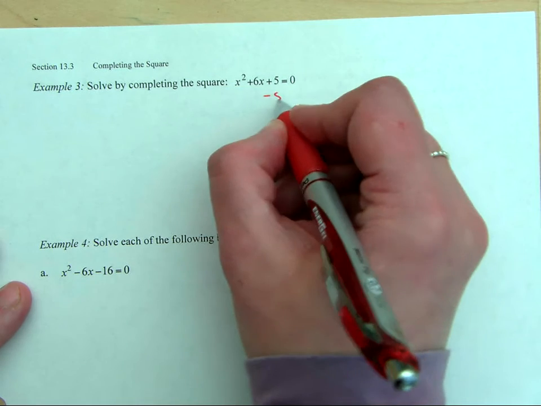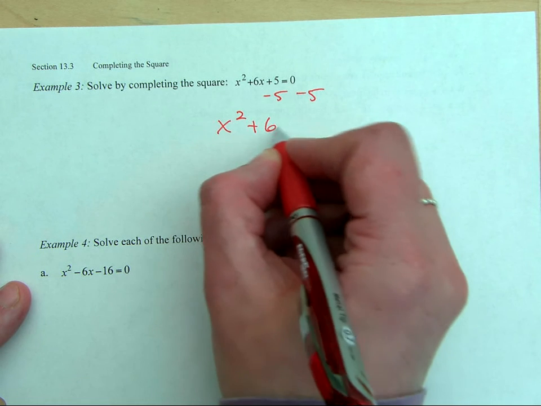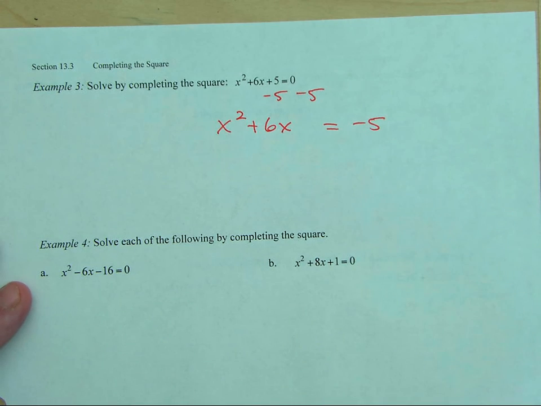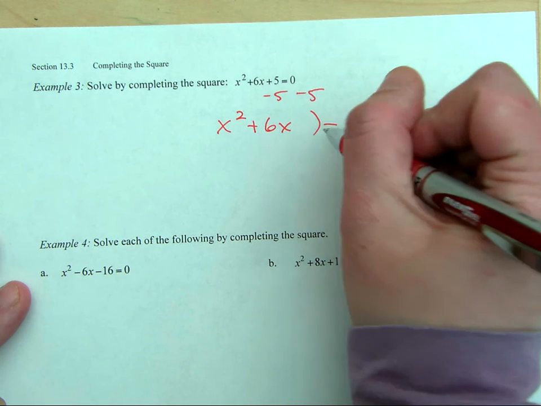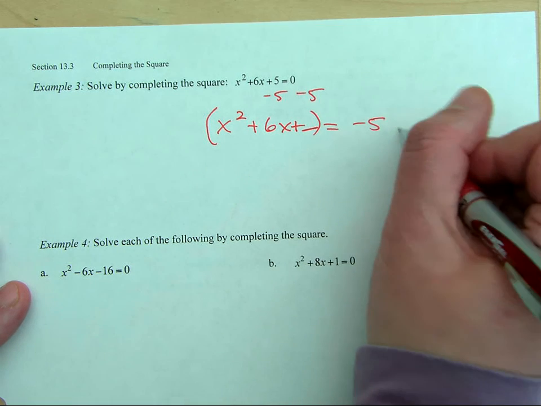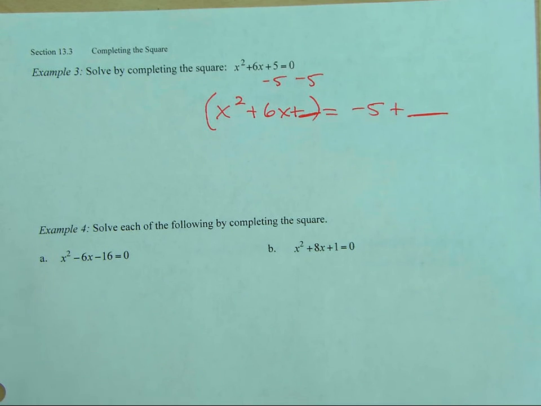If I subtract 5 from both sides, I'm going to get x squared plus 6x equals -5. So I'm putting that -5 away so that I can figure out what I would need to add, and I can add that same thing to both sides that would complete the square, because I want to make it into a perfect square trinomial.